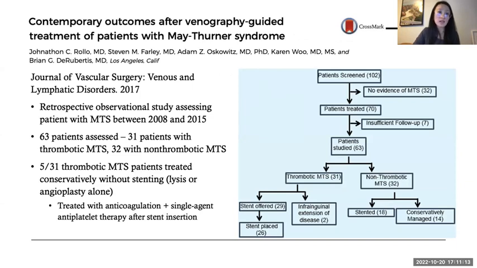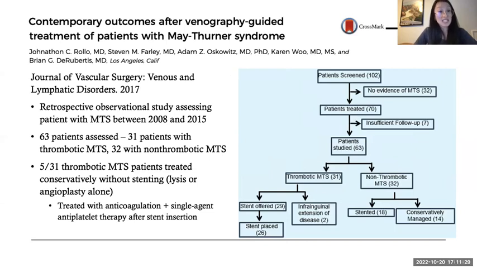This is a trial that was published in 2017 in the Journal of Vascular Surgery. What they were looking at here was outcomes after venography-guided treatment for patients with May-Thurner syndrome.